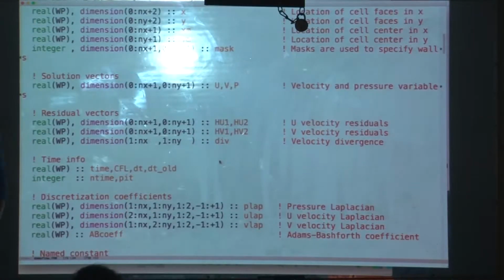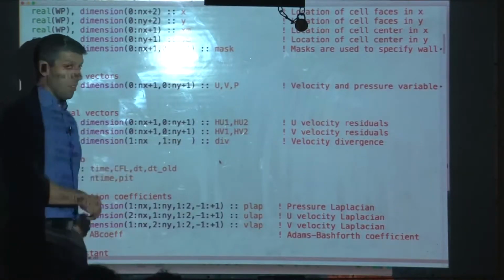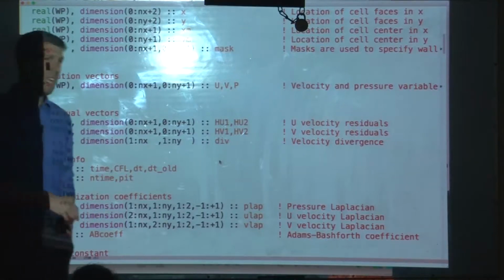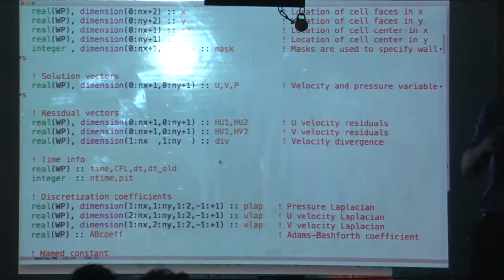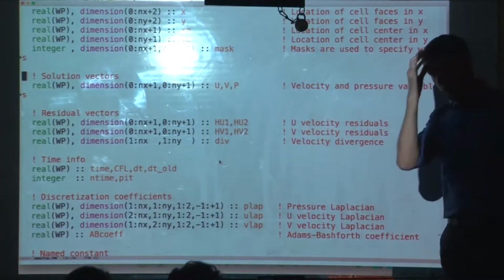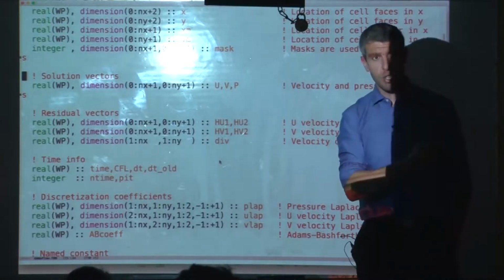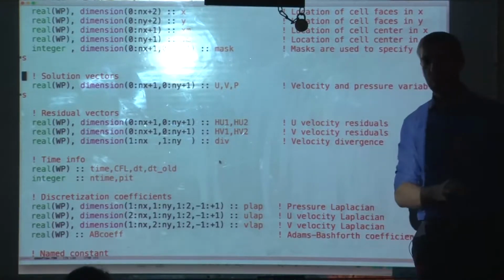Some additional complexities: how big the arrays are. Well, the domain starts with cell 1 and ends at cell nx in x. It starts with cell 1 and ends at cell ny in y. But we need additional storage in order to avoid putting if statements everywhere.